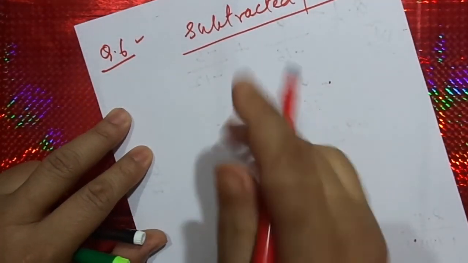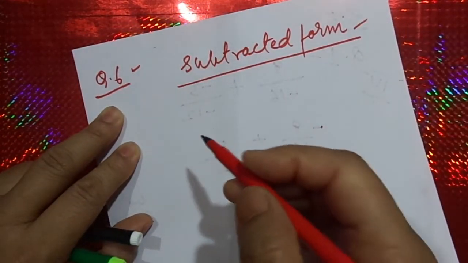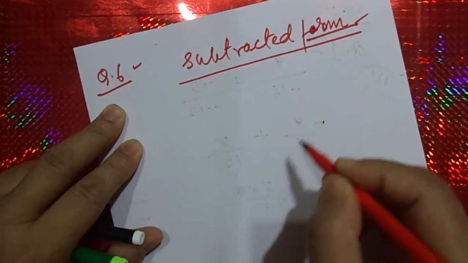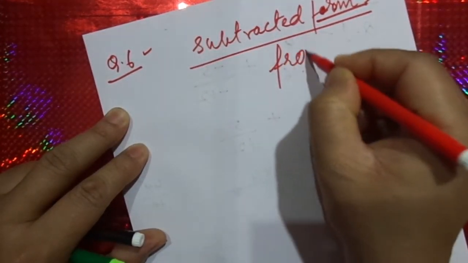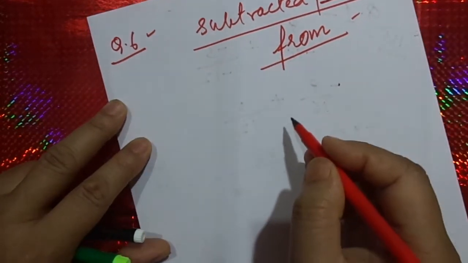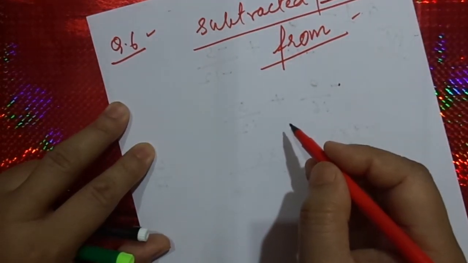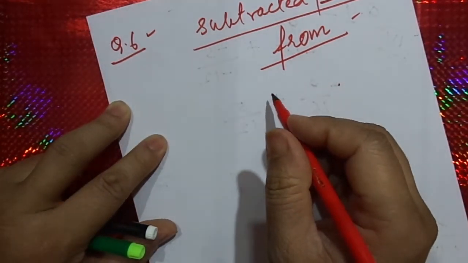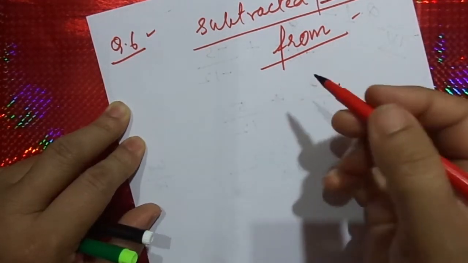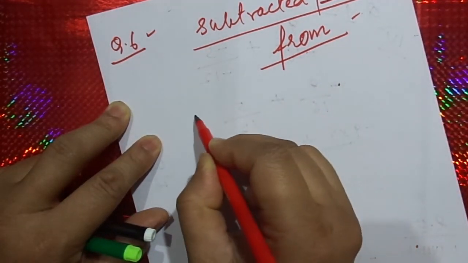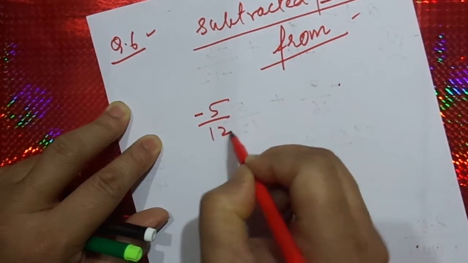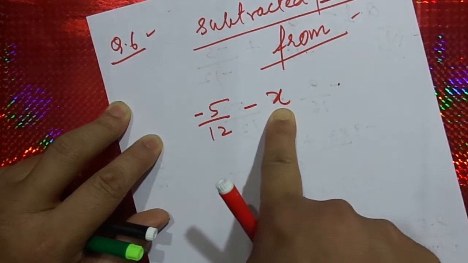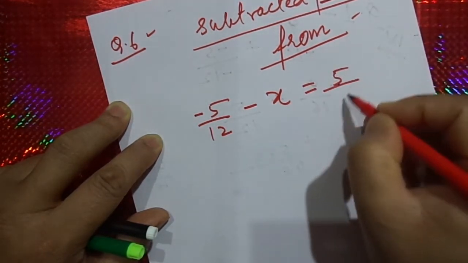Okay. So subtracted form, and this is subtracted from. They say which number is subtracted from minus 5 by 12? So from minus 5 by 12, which rational number is to be subtracted in order to get 5 by 24?